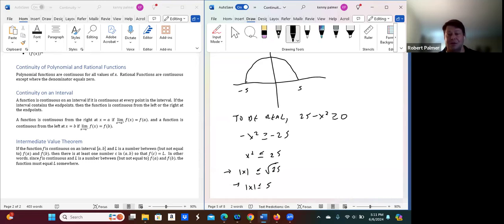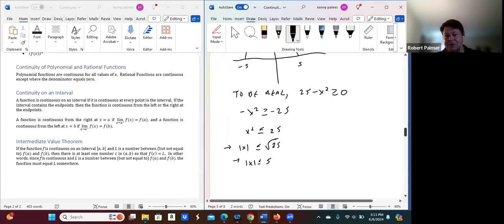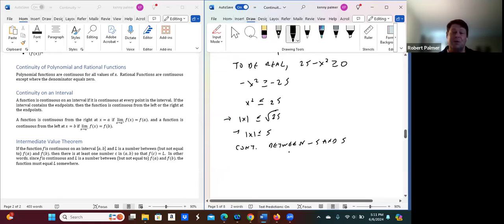That's what we can see in the graph. Clearly it's continuous between negative 5 and 5, possibly not including those values.